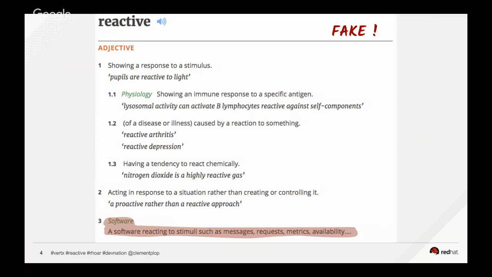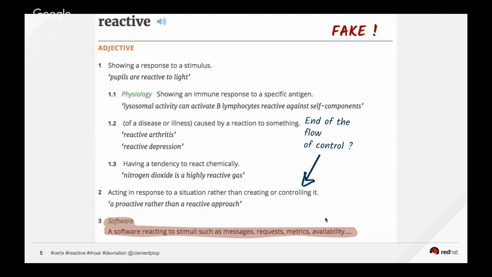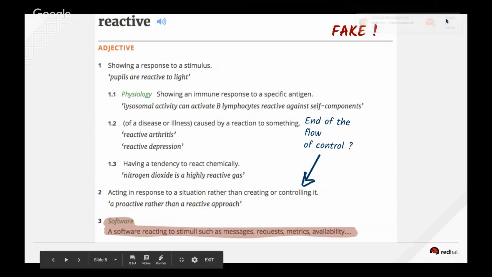Cool. But let's have a look at this definition here, acting in response to a situation rather than creating or controlling it. That's actually very interesting because it's about the end of the flow control. Right now, when you're developing an application, you do something A, then B, then C and so on. So you know exactly when things happen.